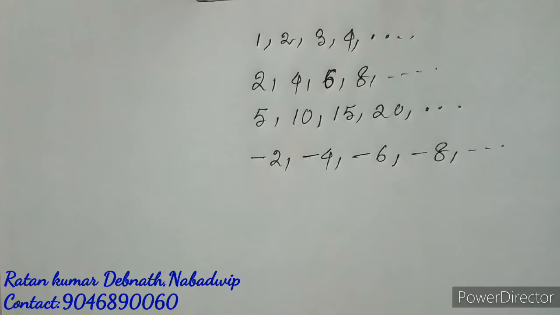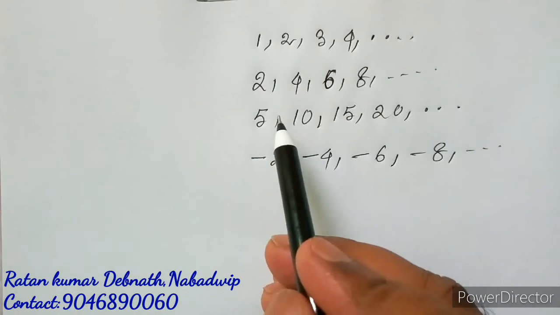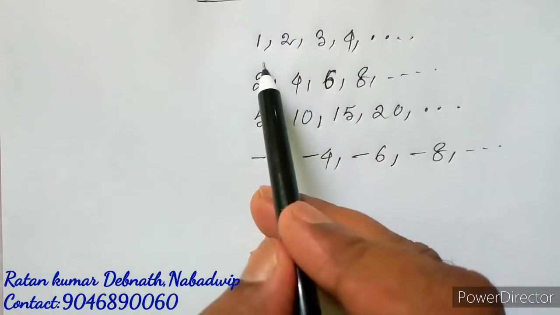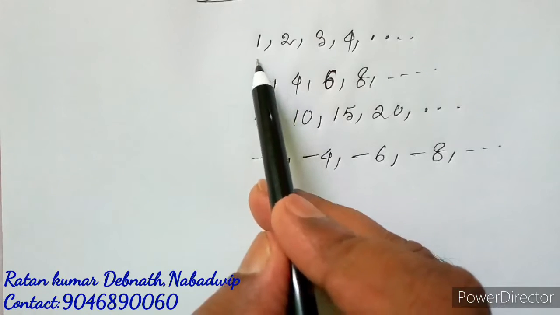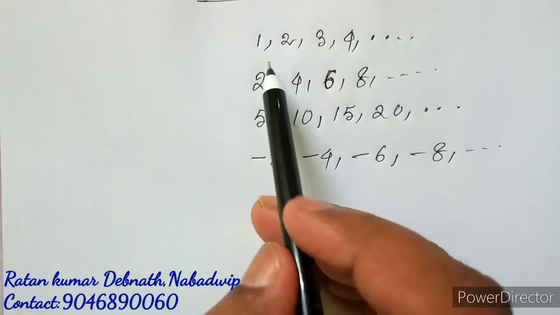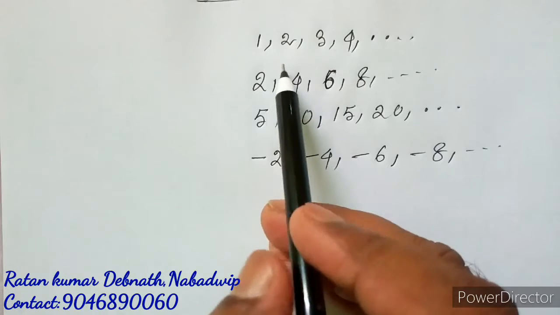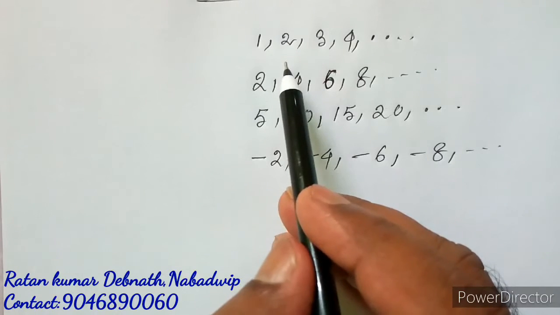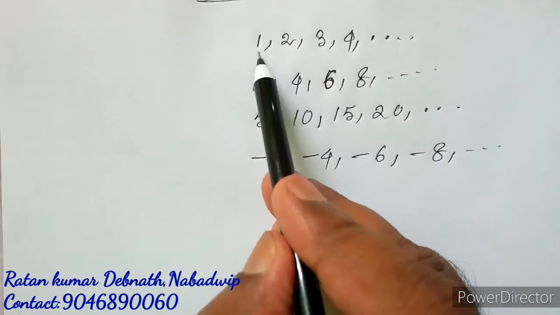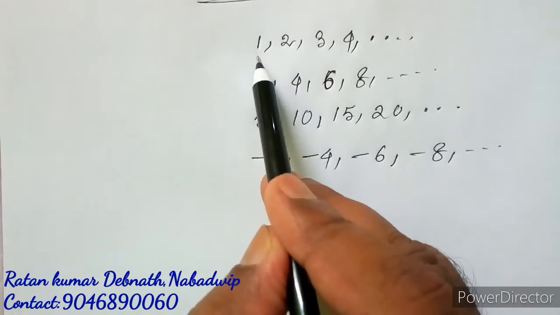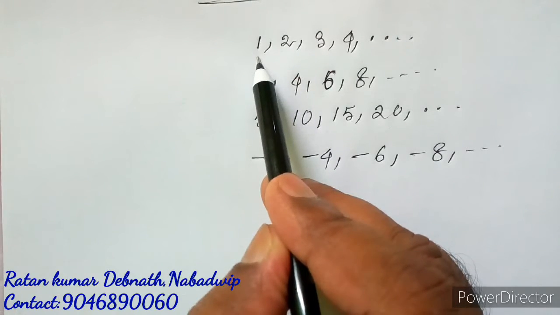If you observe each of these series very carefully, you can see the difference between two consecutive terms is equal. That means if you subtract the first term from the second one, you will get 1.